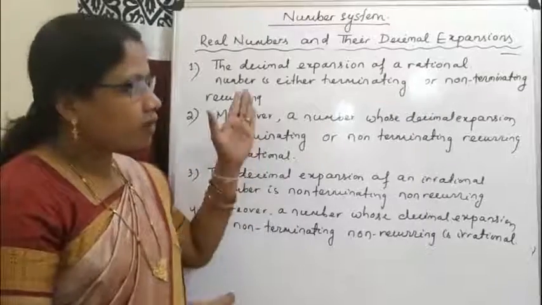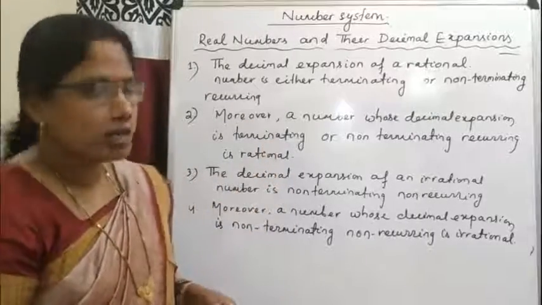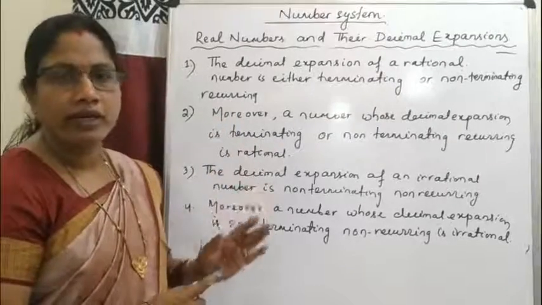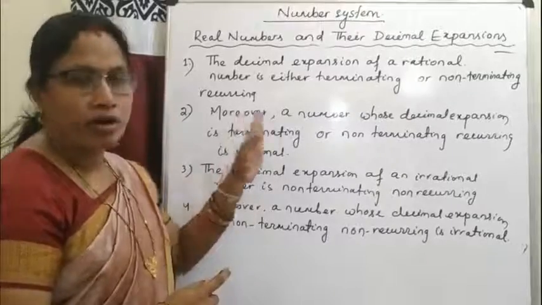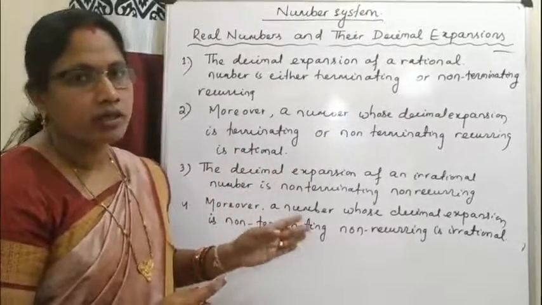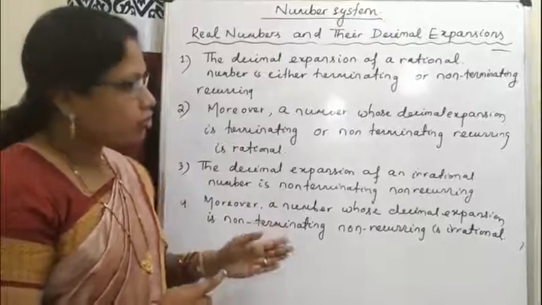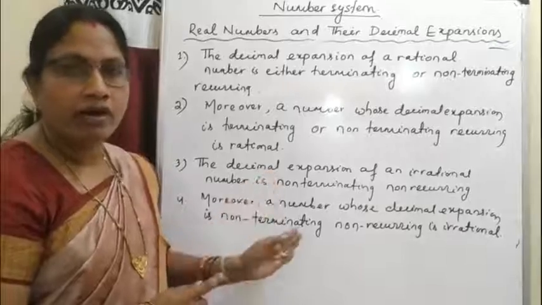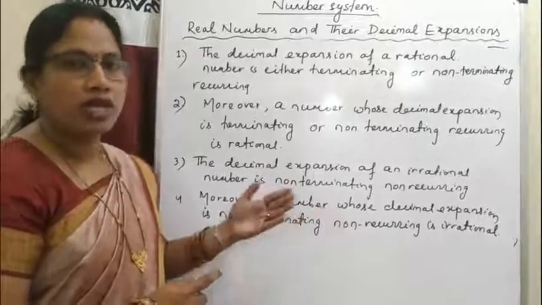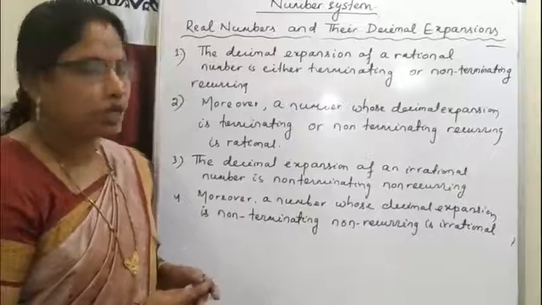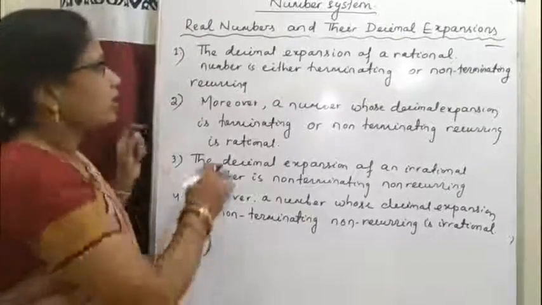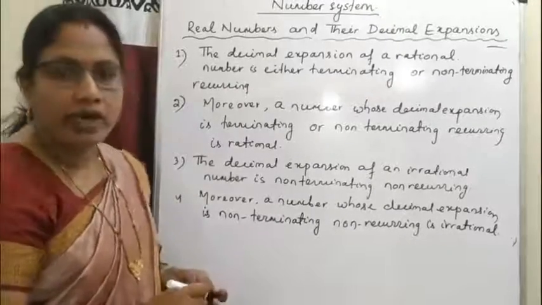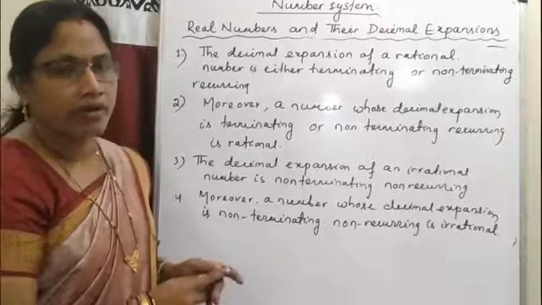So what we have observed from our previous examples. Our first example was a terminating decimal number, so we can convert it into the form of p by q. And also in some cases which are non-terminating but recurring decimal numbers, we can also express them in p by q form. So it concludes that the decimal expansion of a rational number is either terminating or non-terminating recurring.